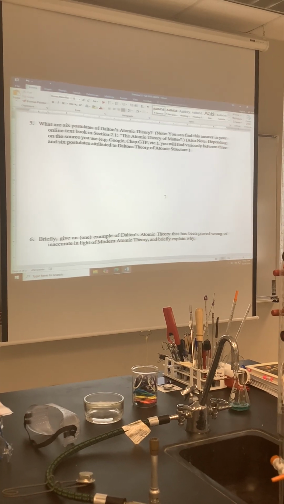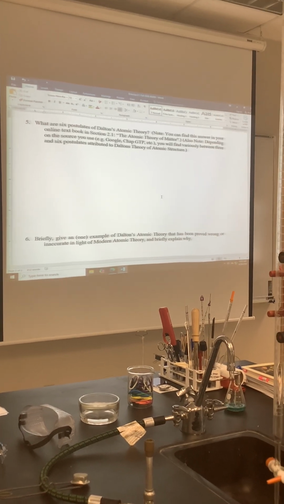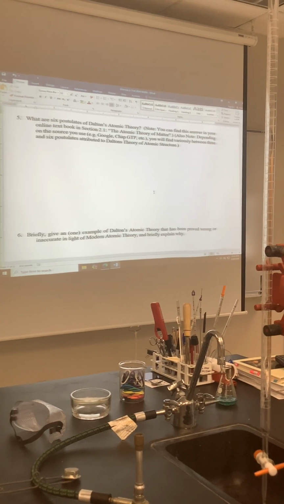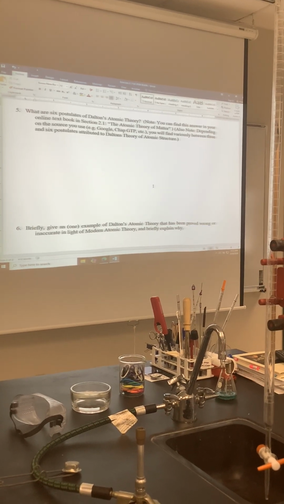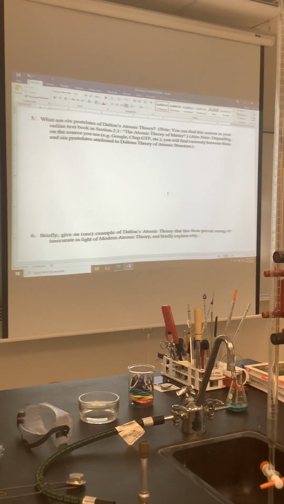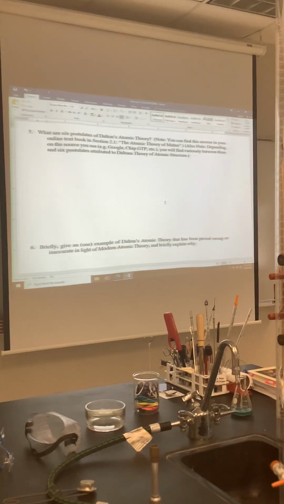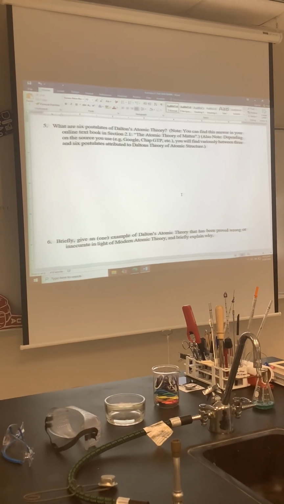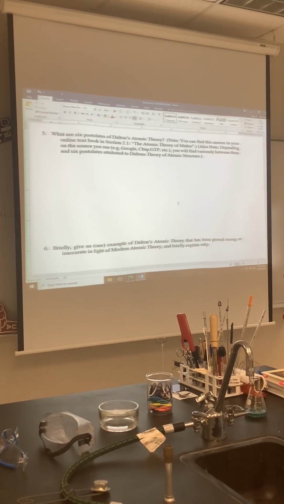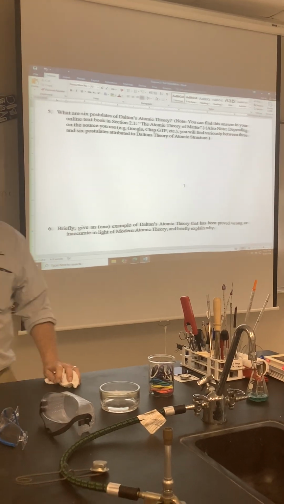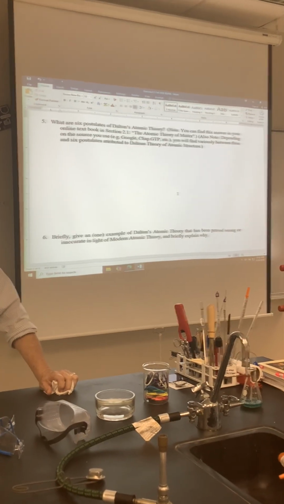So depending on who you ask, Google or ChatGPT or your textbook, people say there are various numbers of postulates in Dalton's atomic theory. I've even heard people split some of them apart and get as many as 11. In general, they're between 3 and 6 postulates. Those are, and I'm not going to write them down or give you any time, just listen.